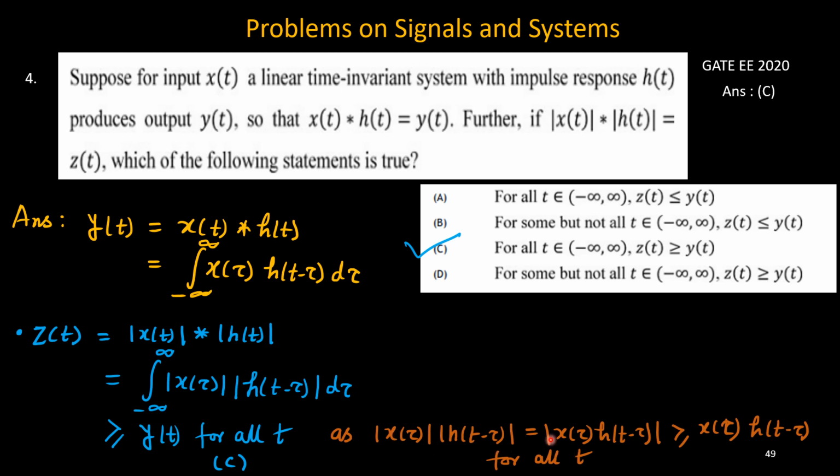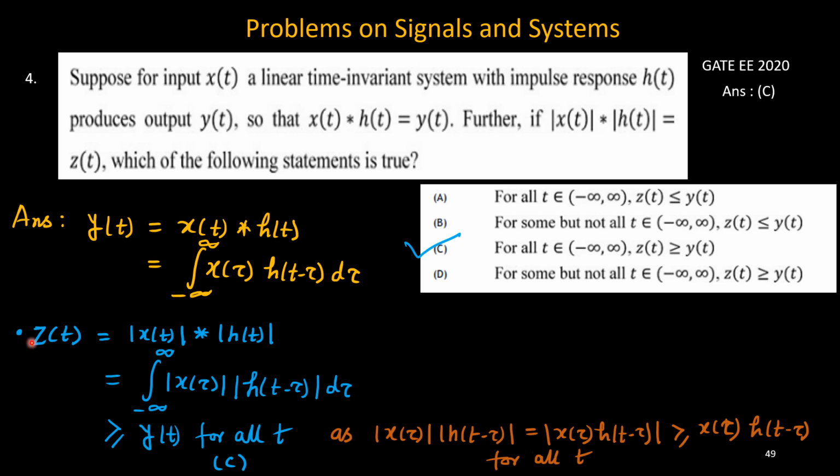I can write that is equal to mod of x of tau h of t minus tau, and obviously it is more than x of tau h of t minus tau, because the magnitude will be same, but sometimes it could be negative. That's how it is more than that, right?